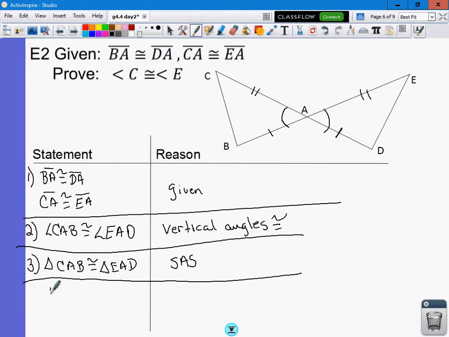Now, what they asked me to prove was that angle C was congruent to angle E. Notice where C was. Notice where E is in my congruence statement. Are they in the same place? They are corresponding parts then. So corresponding parts of congruent triangles are congruent. CPCTC. Everybody okay with example 2?